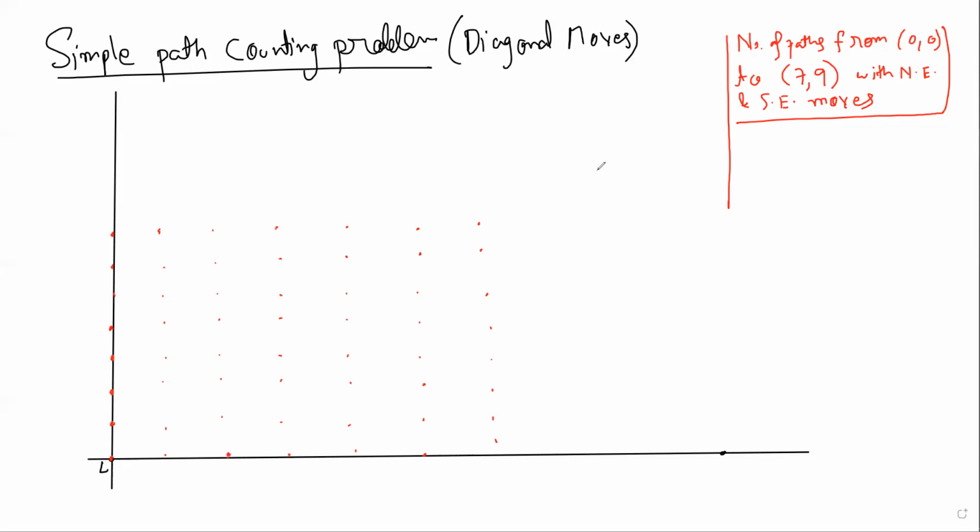So we want to get somewhere here, right, to 7 comma 9. Now we're not going to explicitly draw everything now. We'll do this faster. So let's say we want to get to 7 comma 9.